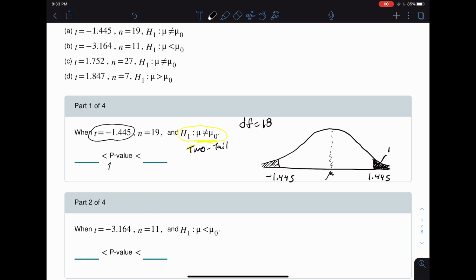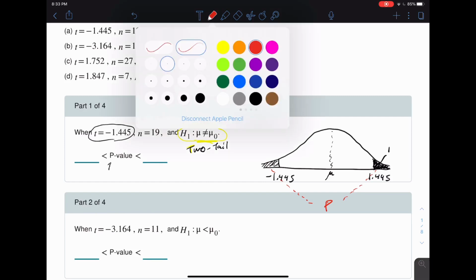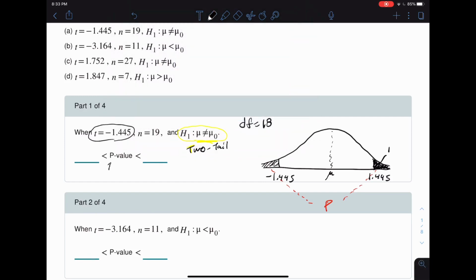Your p-value is going to be the area under both tails, since it's two-tailed. But when we look this up on our chart, it's going to be first with one tail, and then you just double it.